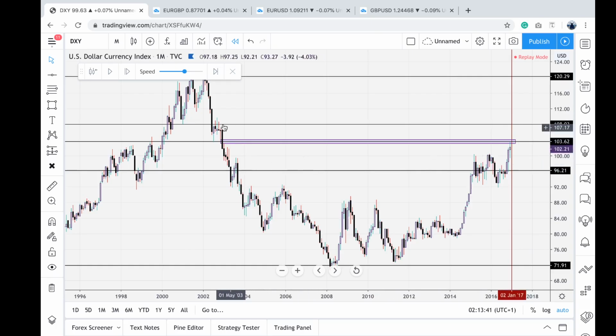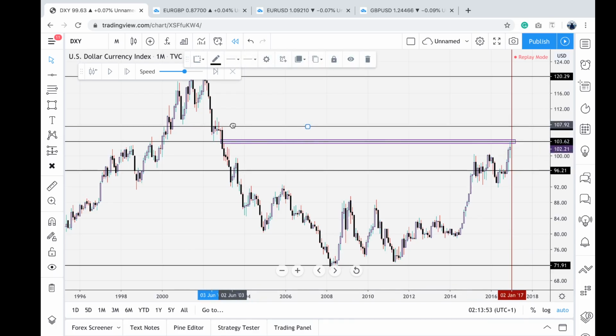Now, the reason why I'm not using this bearish candle is because this fair value gap already falls in line with this bearish candle. So I feel if price sticks at this level, price is definitely going for this clean high. And that is the body of this candle.